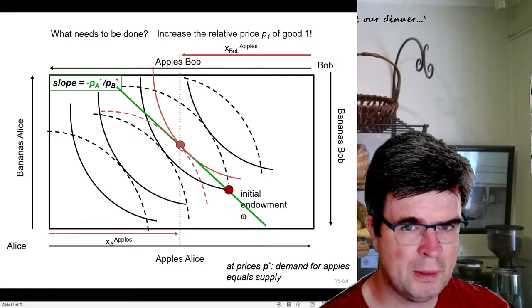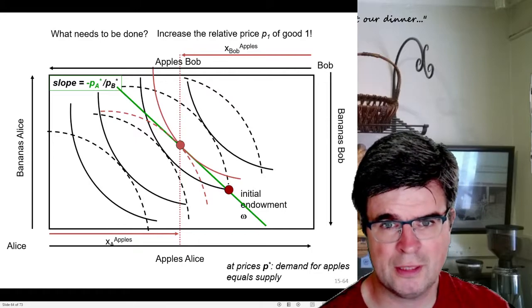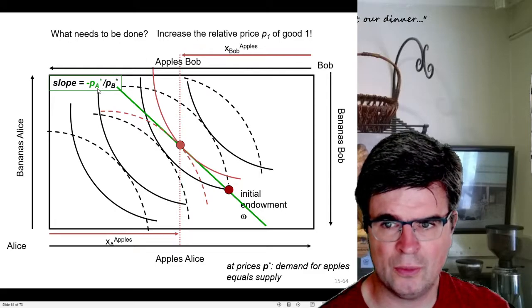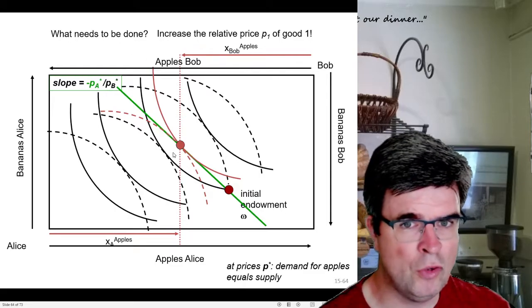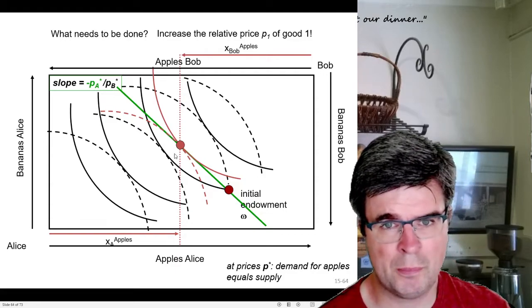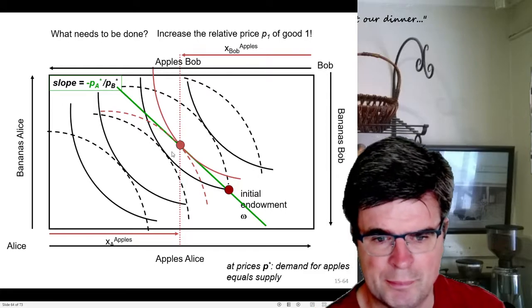So independently of each other, Alice and Bob make their consumption choices given the prices that they observe in the market. And if the prices are exactly identical to the prices over here, then both the market for apples and bananas will clear. There will not be any excess demand or supply of any of them.